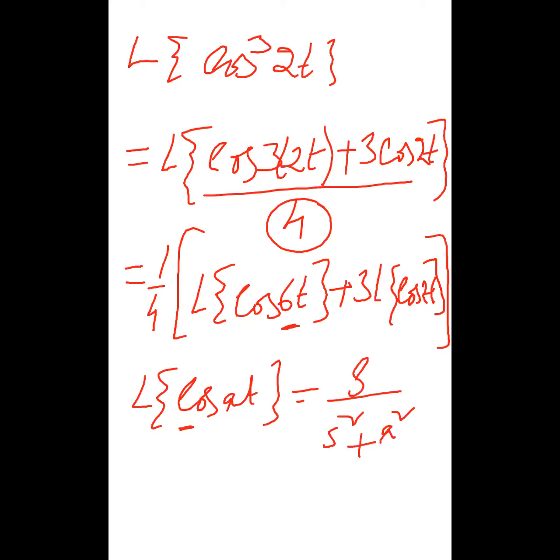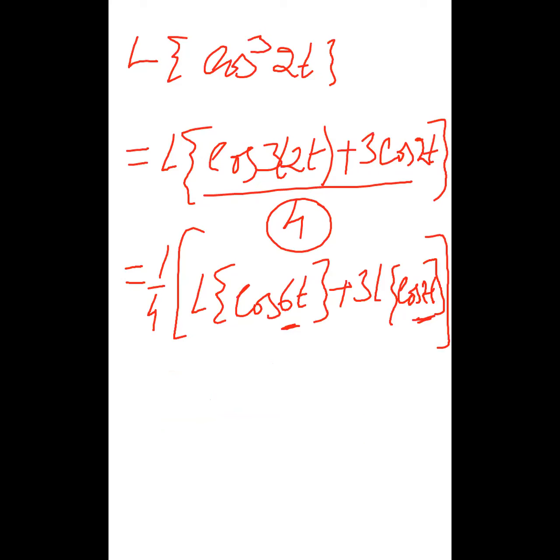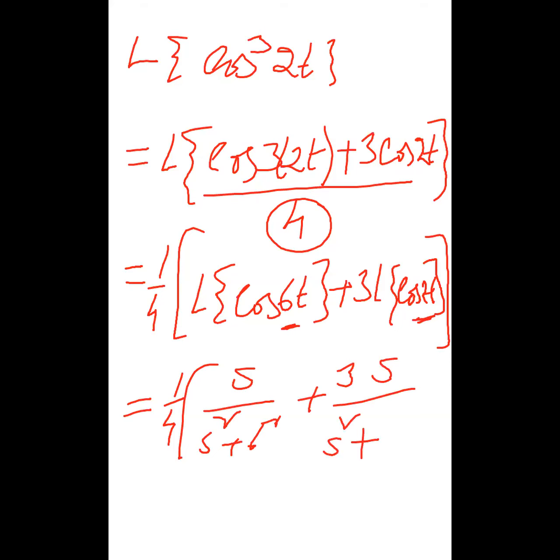In the second function, the A value is 2. So both functions are converted using the formula S by S square plus A square. So 1 by 4 into S by S square plus 6 square, plus 3 into S by S square plus 2 square. Now simplify the equation.